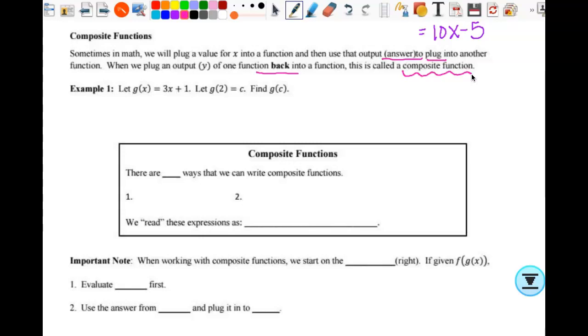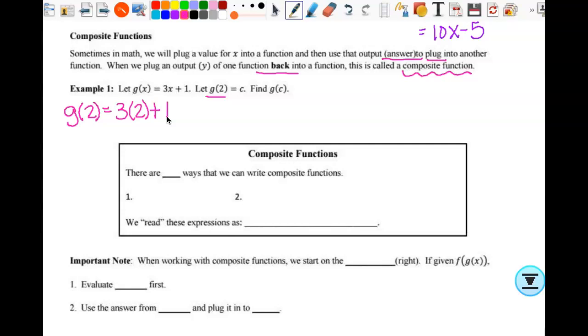So it says let g of x equal 3x plus 1, let g of 2 equal c. We want to find g of c. Okay, so before I can find g of c, what do I have to find? G of 2, right? So g of 2 is equal to 3 times 2 plus 1, which I know is super simple, and you may think it's dumb to write that, but you better write that, okay?